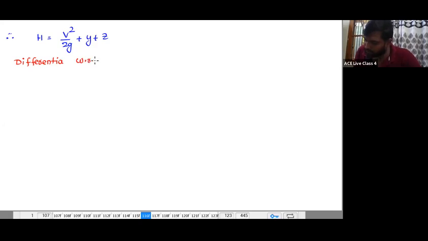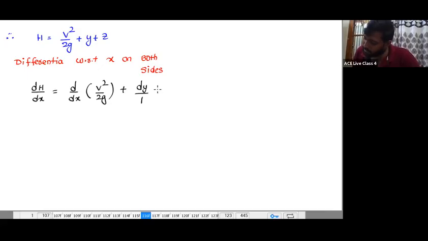If I differentiate, then dh by dx equals d by dx of V squared by 2g, plus dy by dx, plus dz by dx.